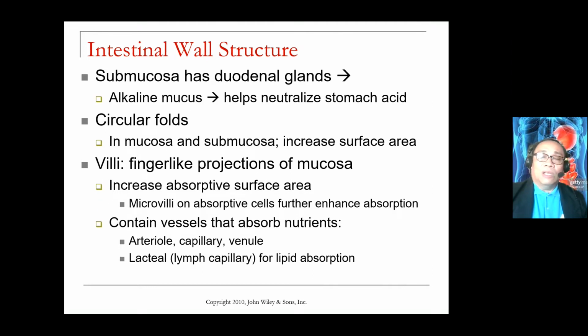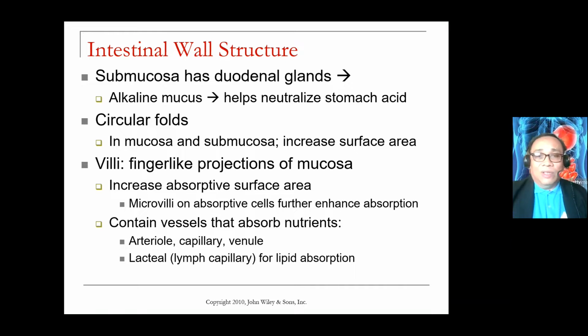The small intestine also has a submucosa, and it has duodenal glands that secrete alkaline mucus which helps neutralize stomach acid. It also has circular folds, which increase the surface area.